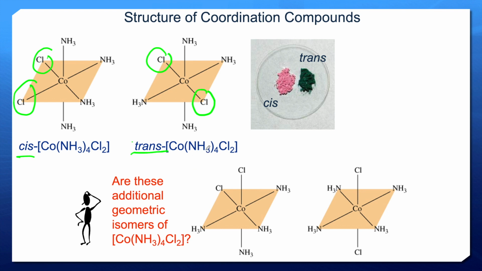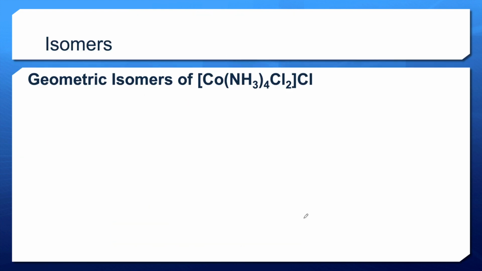And then I have a question here. Are these additional geometric isomers of these cobalt complexes? Is this one considered as cis? And is this one considered as trans? The answer is yes. They are similar to each other, just because the arrangement is a little bit different.